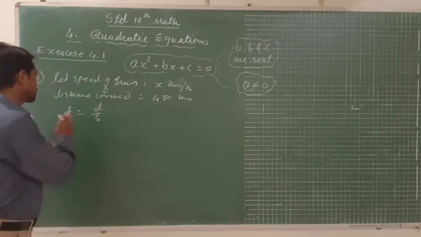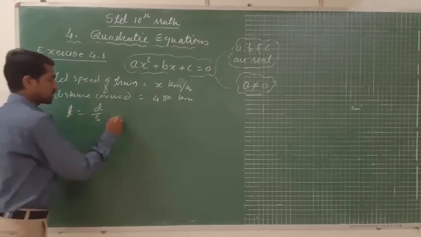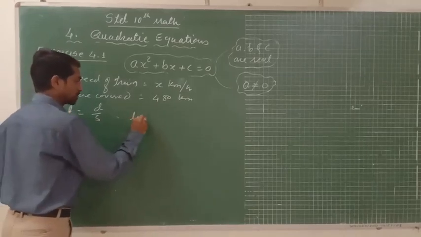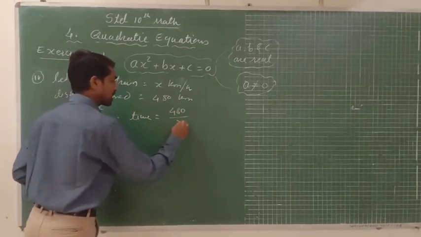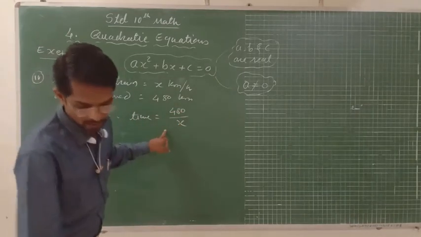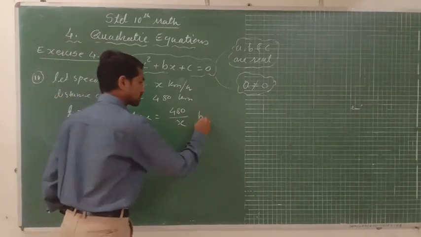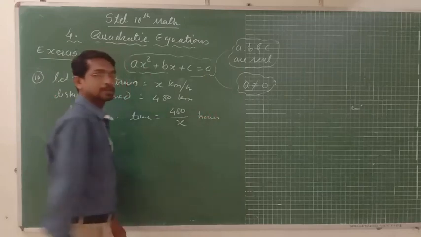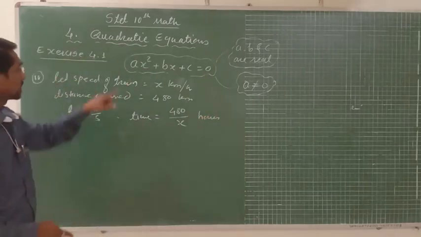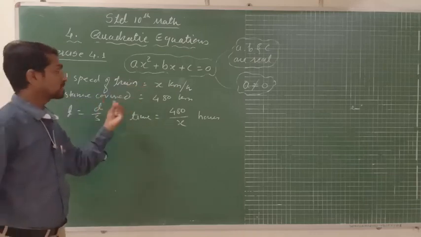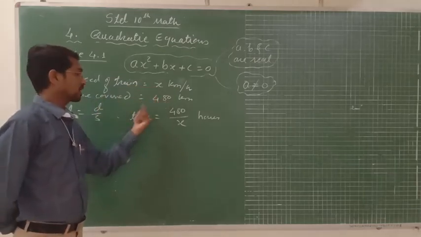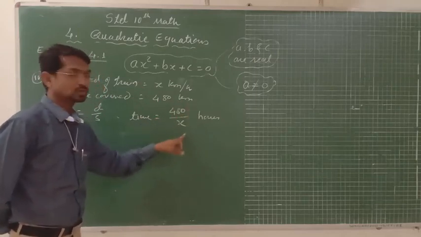So time is equal to 480 by x hours. This is the first condition. At this uniform speed, the train covered 480 kilometer in this time.